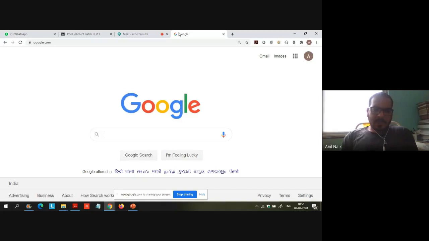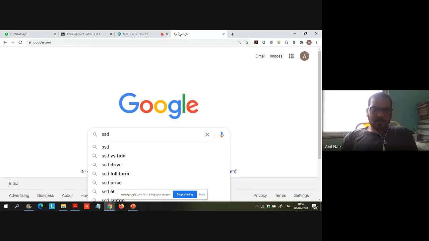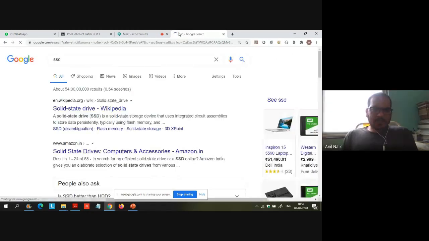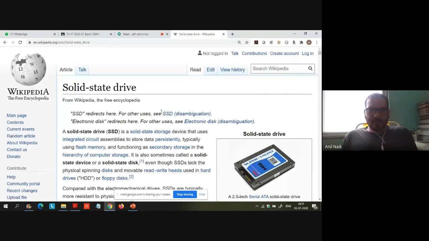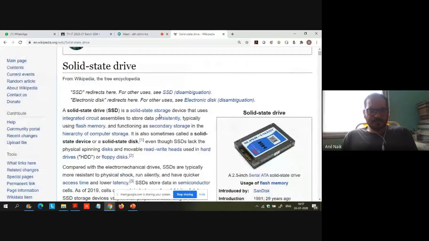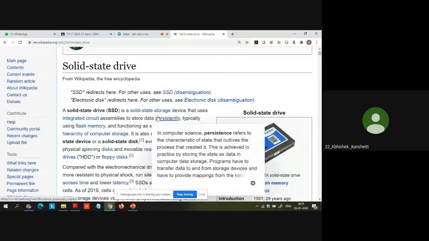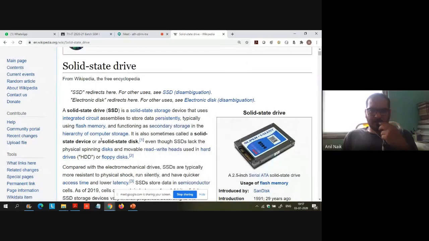So RAM, or random access memory, is the main memory. Is it permanent memory or temporary memory? Sir, it is a temporary memory. Okay, so SSD is flash memory. Yes, sir.